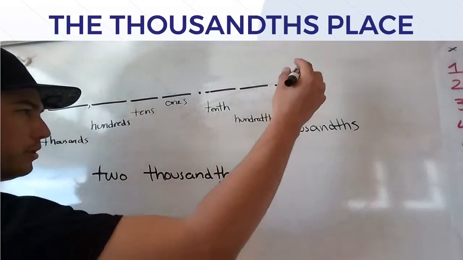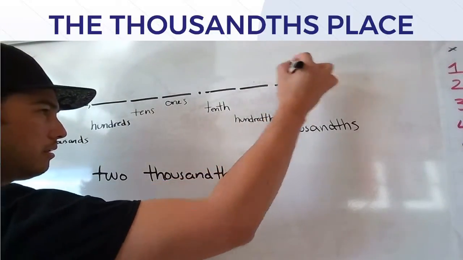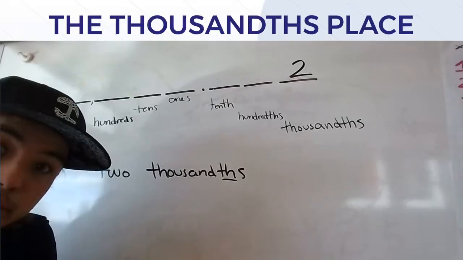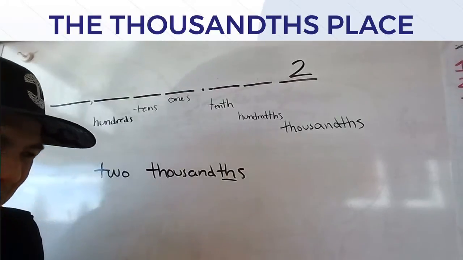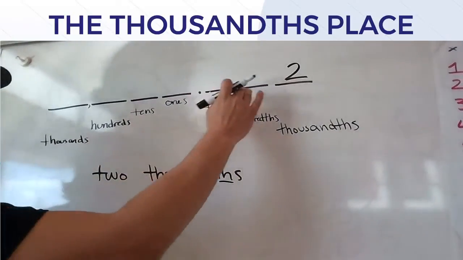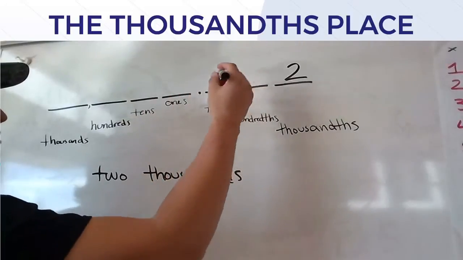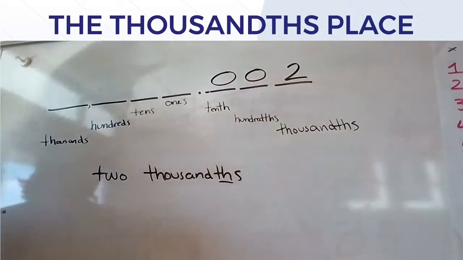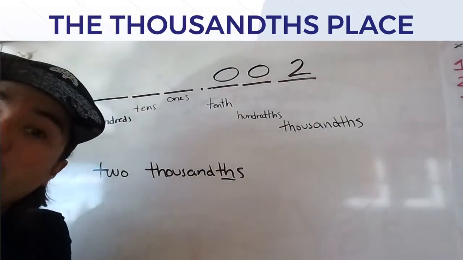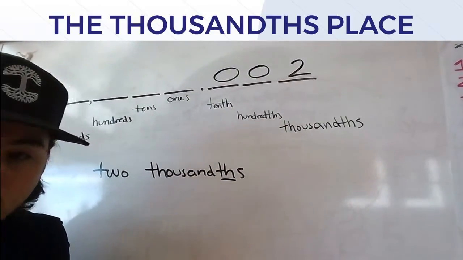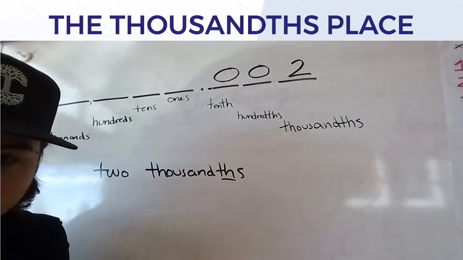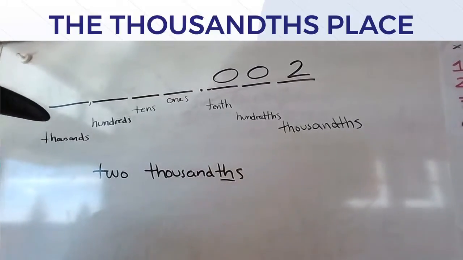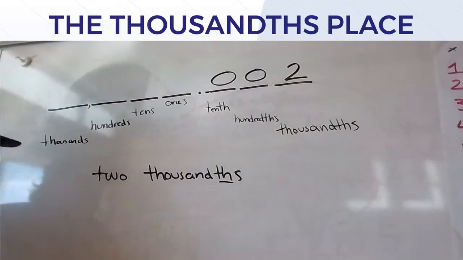So we're going to need to put it there. Are we done? No, we're not done, because look, we're missing some things. We need some placeholders to get us all the way to the decimal point. So that is what 2/1000ths would look like. And yes, we've got it in the chat. 2/1000ths. Excellent work there.